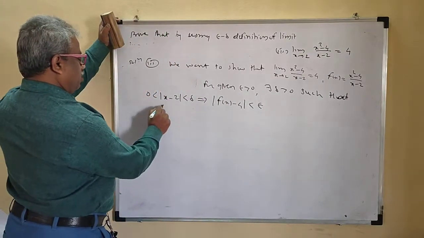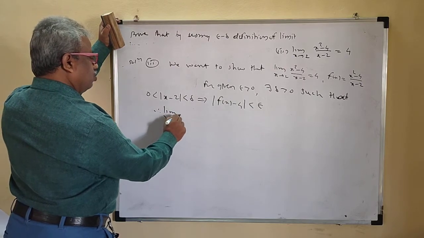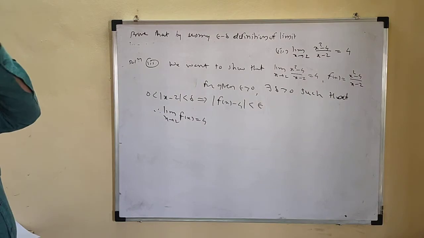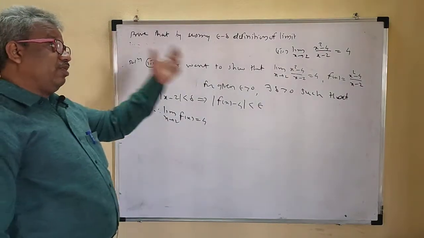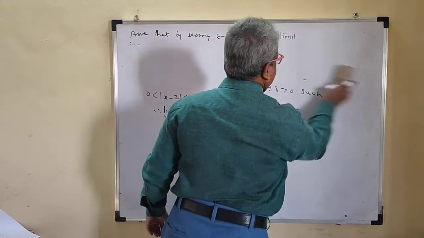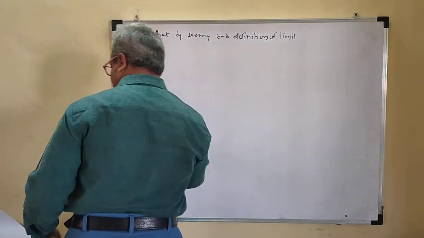So therefore, limit x tends to 2, f of x is equal to 4. The problem is over. Very simple problem, because we got x minus 2. Okay, so we'll take the next problems and then we'll stop here.